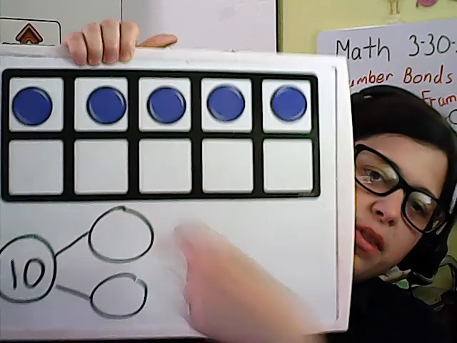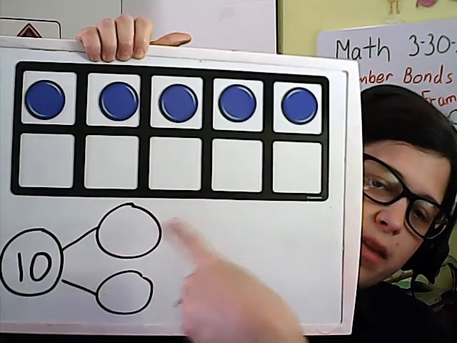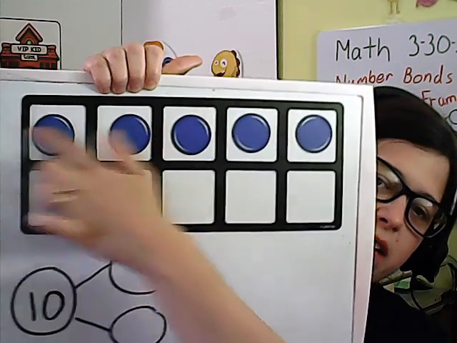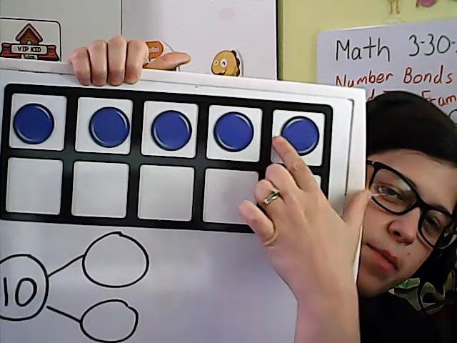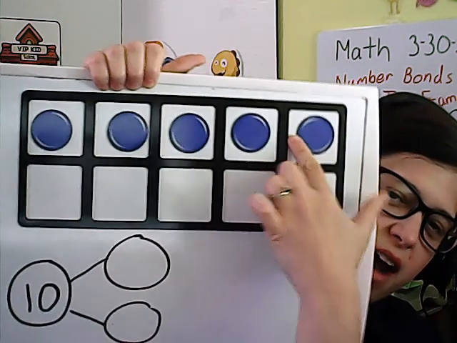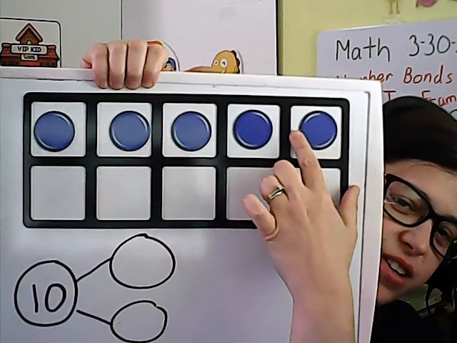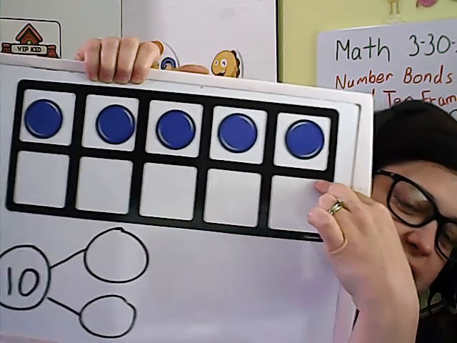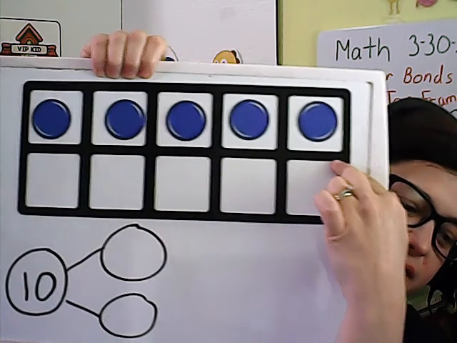Now, I would like for you to write the parts in the number bond. The first part would be the spaces in the tin frame that are filled with counters. The second part will be the spaces that are not filled.